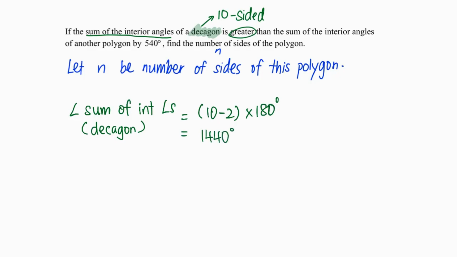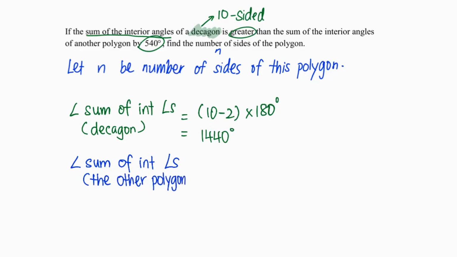And this 1440 is greater by 540, so I will be able to get the angle sum of the interior angles for the other polygon. 1440 degrees minus away 540 gives me 900 degrees.